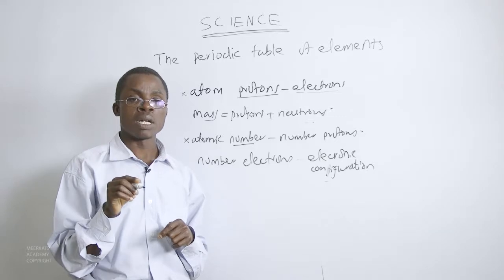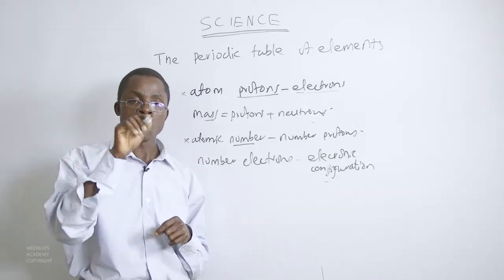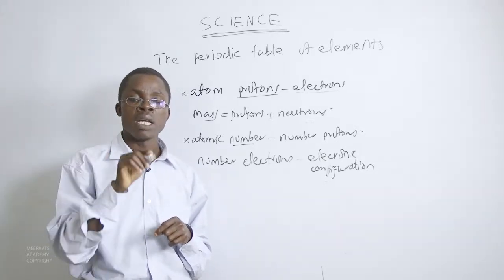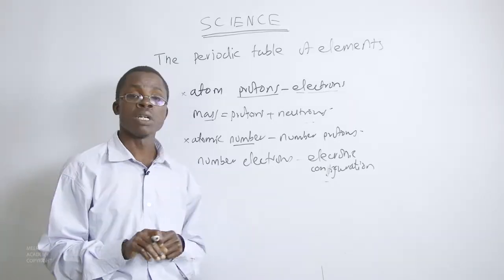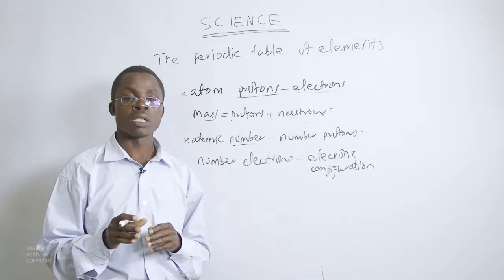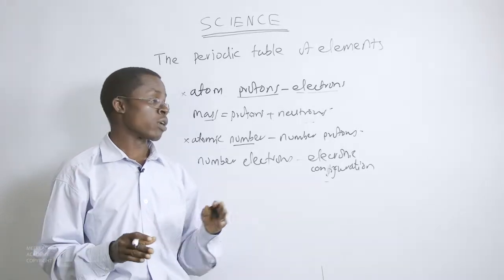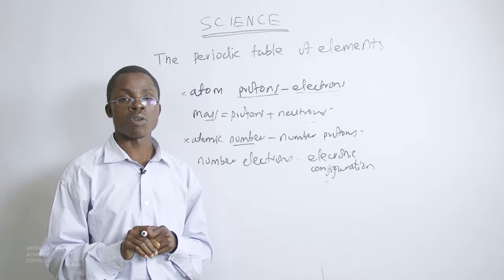Each cycle, which is an orbit, has a particular energy level. They are not of the same energy. That's why we use electronic configuration in terms of energy levels, or in terms of orbits.